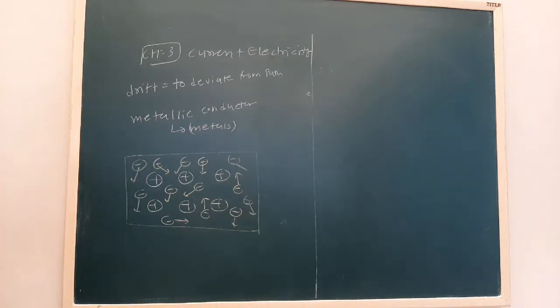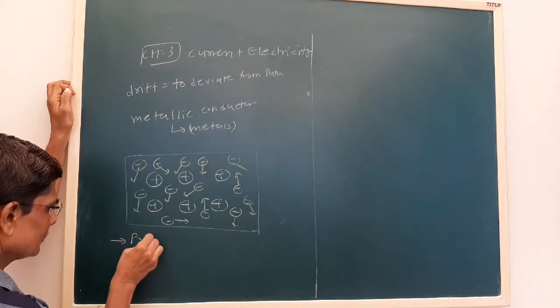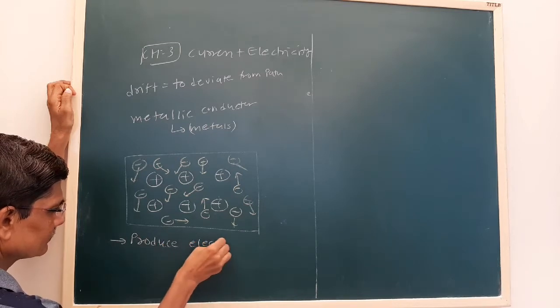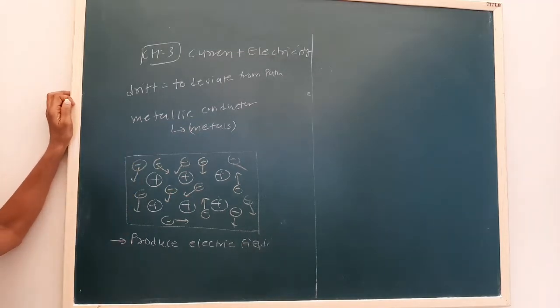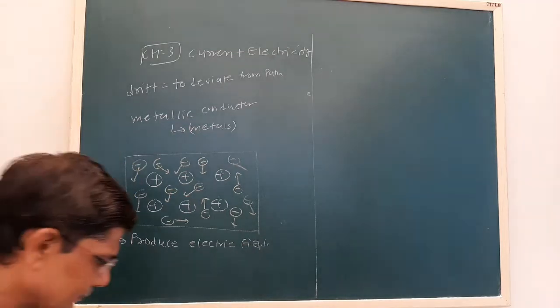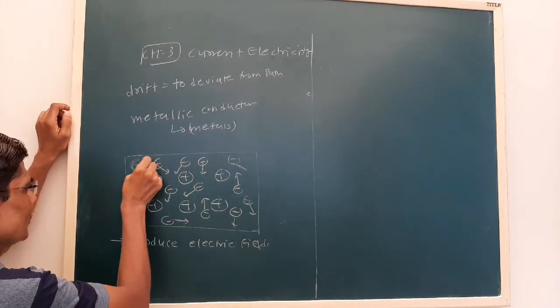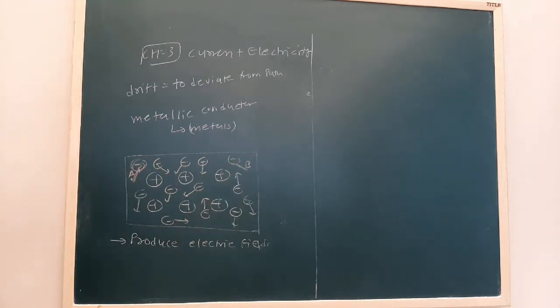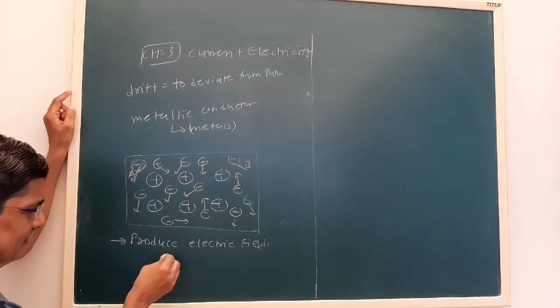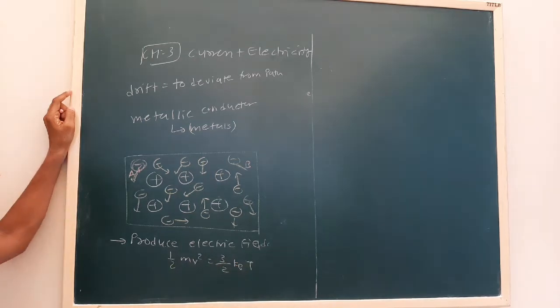Also, these charge carriers, electrons and protons, produce electric fields. So what happened? Between the charges there is a force. Now consider a situation like this. Suppose an electron, let us say this electron, has to move from A to B here. Also recall the property we studied, 1 by 2 mv square is equal to 3 by 2 kB T, where kB is Boltzmann's constant.